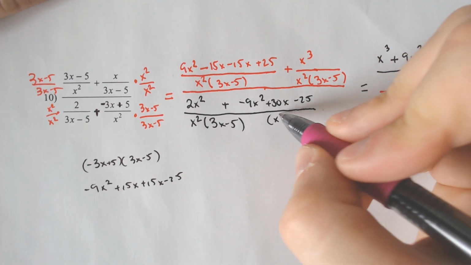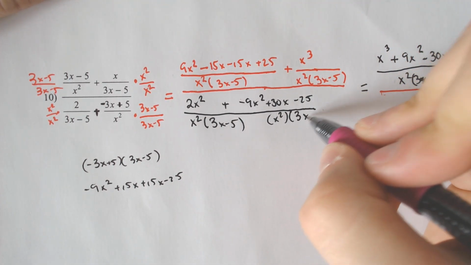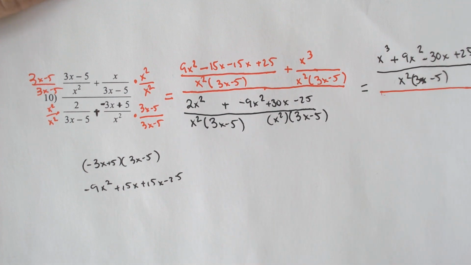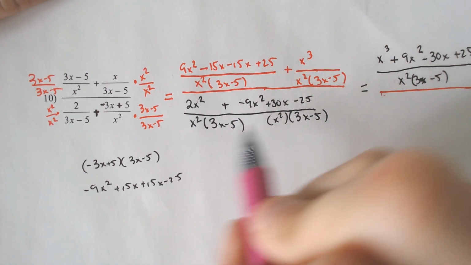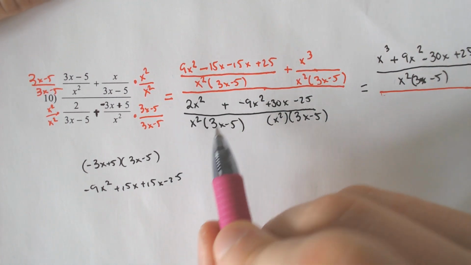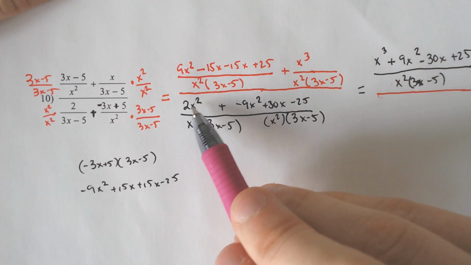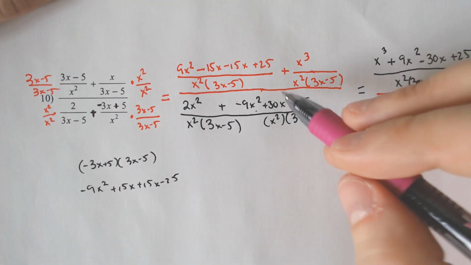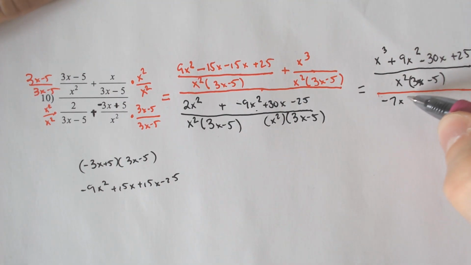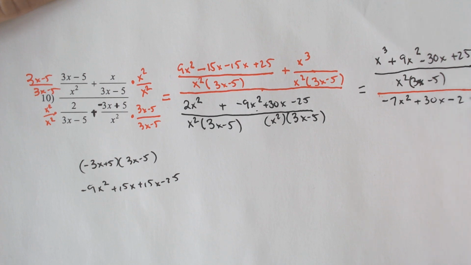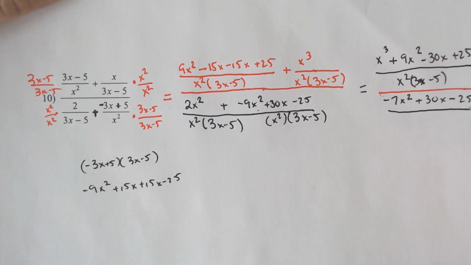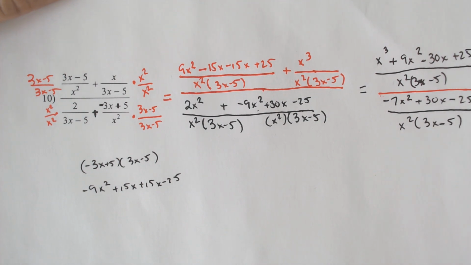Technically it's two different fractions, but the tops can now be added together because the bottoms of these two fractions are the same. If we do that, we have 2 and negative 9 makes negative 7x squared plus 30x minus 25 over x squared, 3x minus 5.